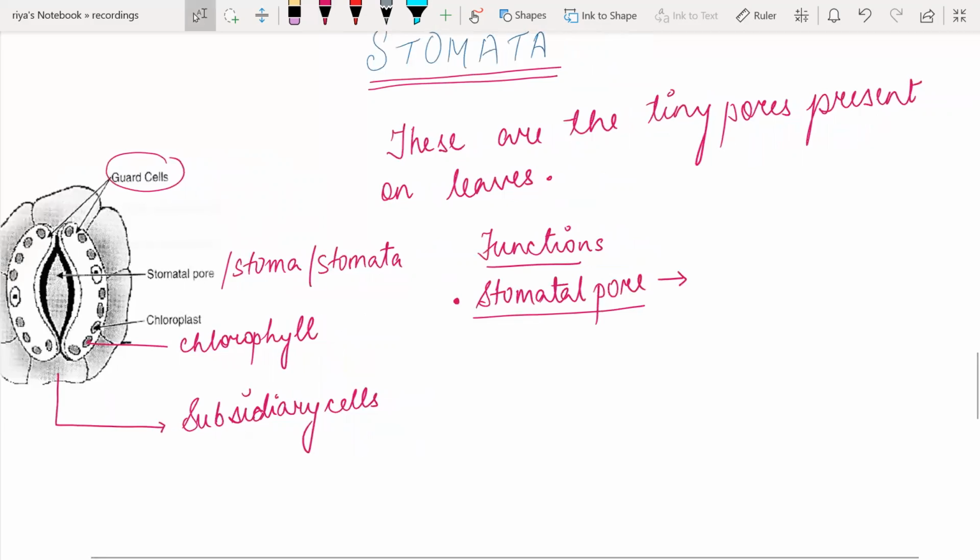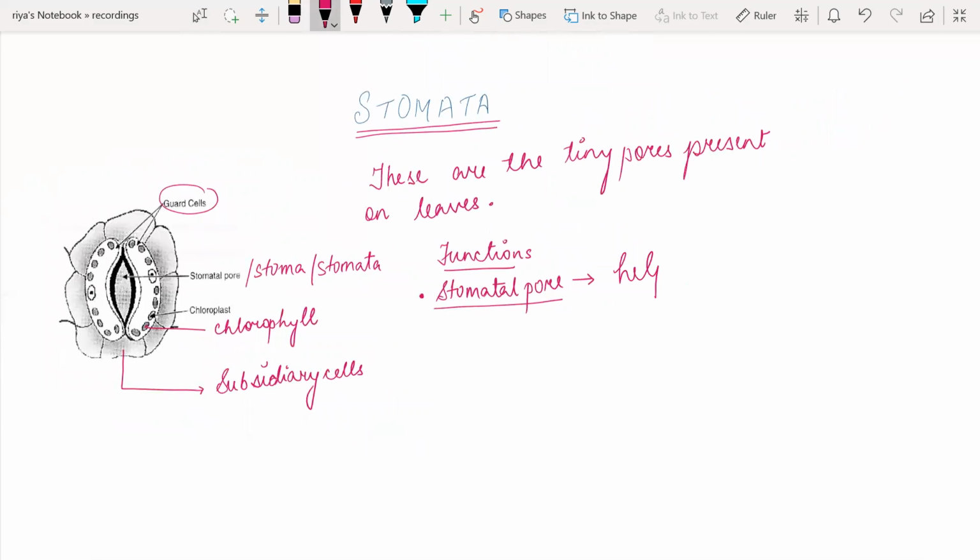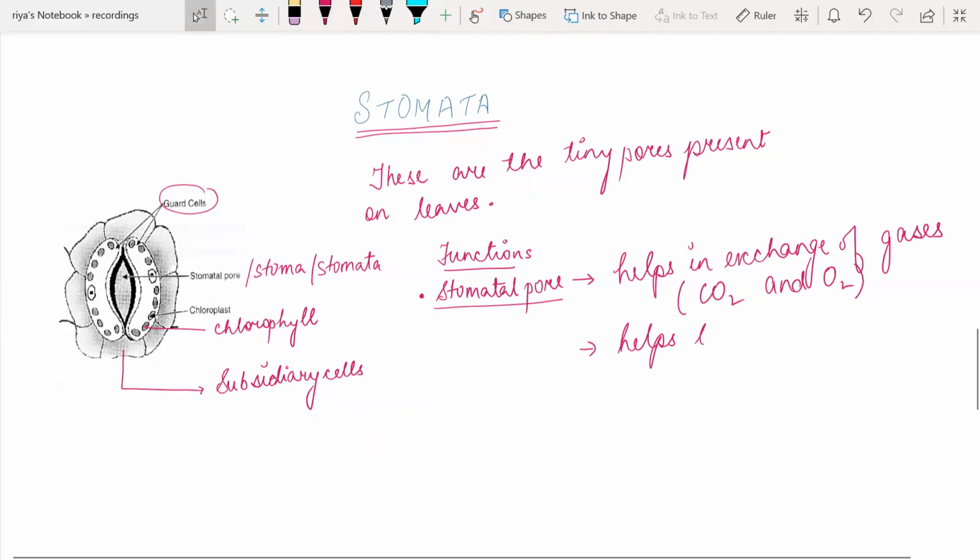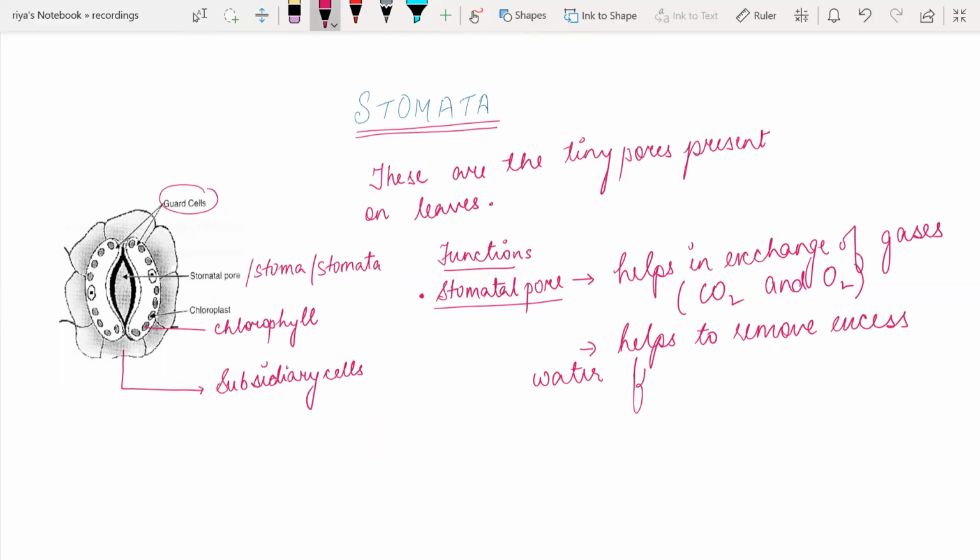Its main function is it helps in exchange of gases, carbon dioxide and oxygen. Second, it helps to remove excess water from the plant body in the form of water vapor.